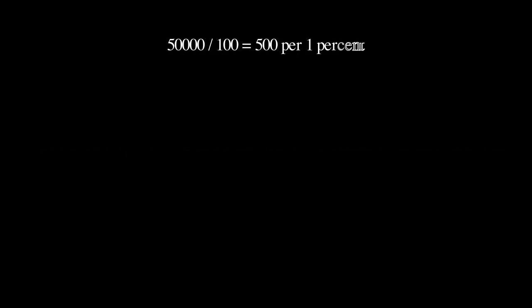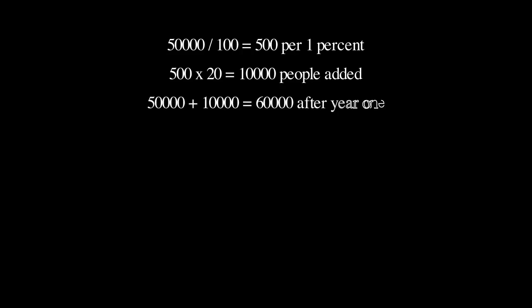1% of 50,000 is 50,000 divided by 100, which is 500. 20% growth is 20 of these shares, 500 multiplied by 20, which is 10,000 people added. Adding this to 50,000 gives a new population of 60,000 after the first year.